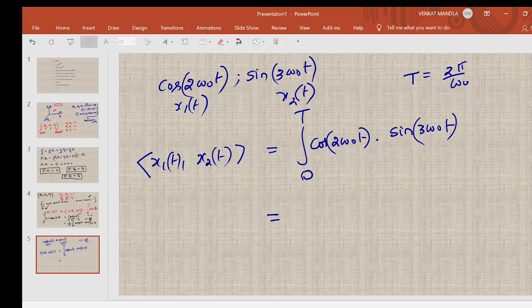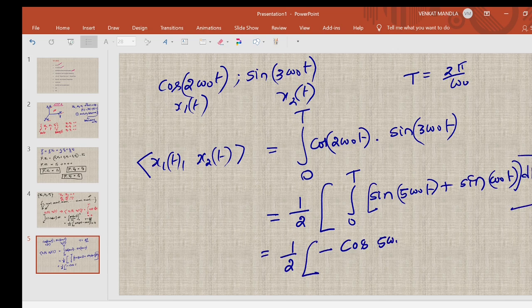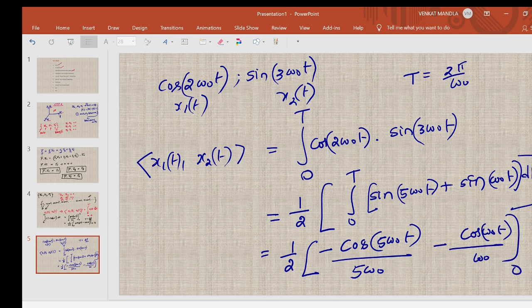Now I will multiply and divide with 2. Using 2 sin a cos b equals sin(a plus b) plus sin(a minus b), we get cos 5 omega naught t by 5 omega naught minus cos omega naught t by omega naught, from 0 to T. Here minus 1 by 2 omega naught.